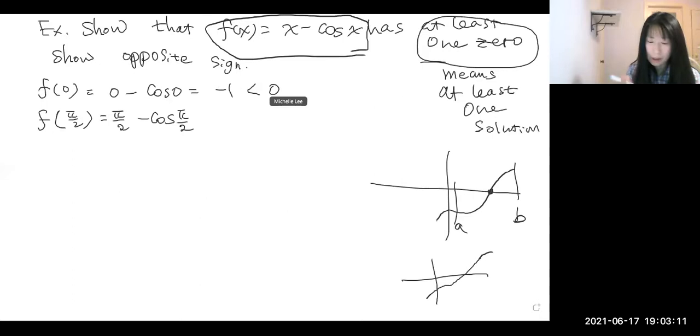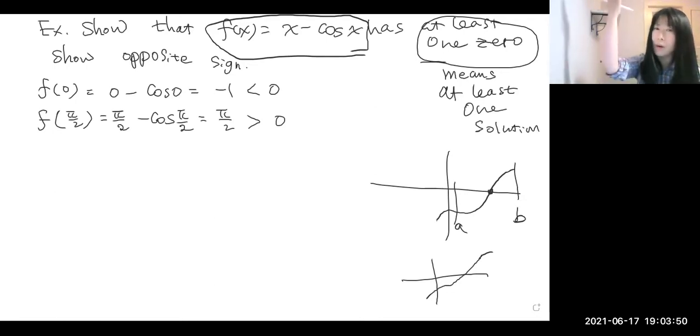And we have to show that the other one is greater than 0. That is the opposite sign. One is negative, one is positive. So what do you get? This one, cosine pi over 2. What do you get? 0. So we have pi over 2, which is a positive number, so it's greater than 0, okay? So this is the opposite sign. One is below the x-axis, one is above the x-axis.